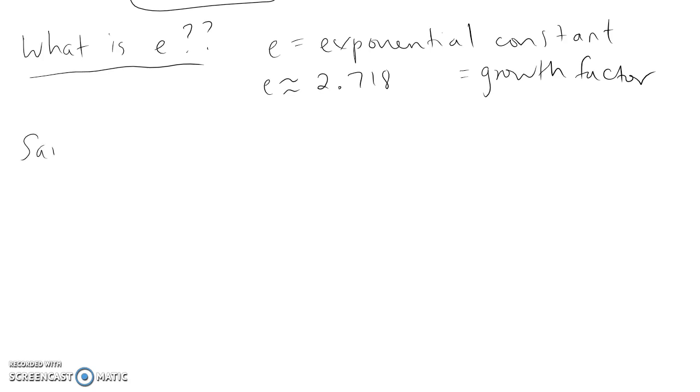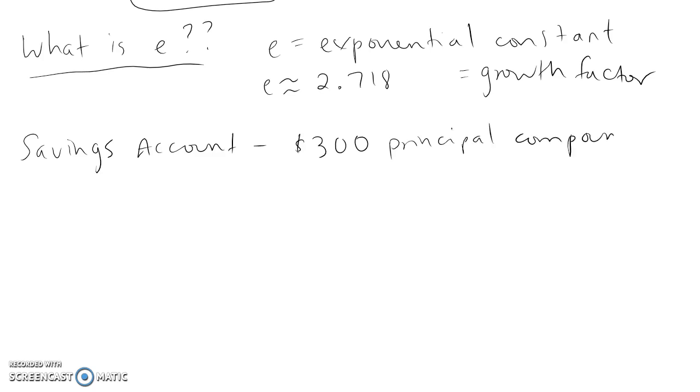Well, we're going to look at a real world problem with a savings account that has $300 principal, compounding monthly, at 2% annual interest.